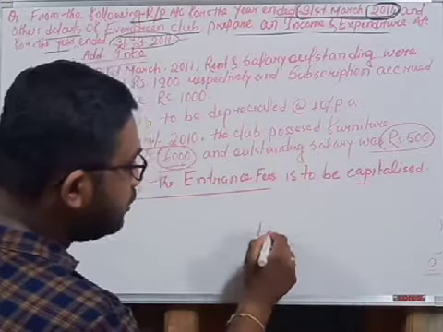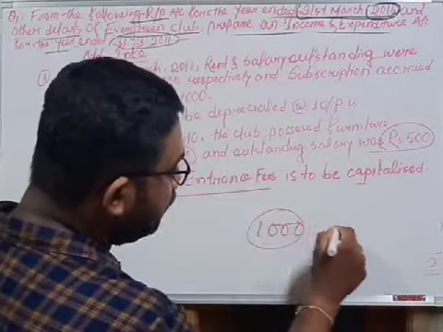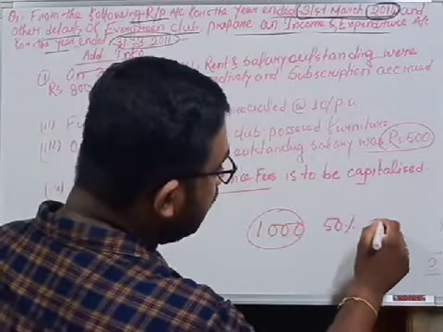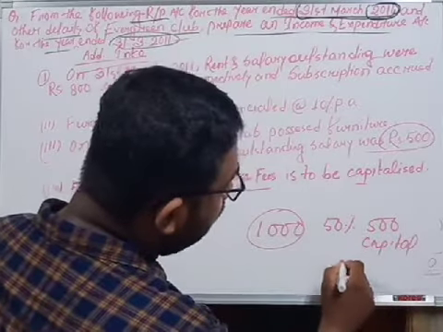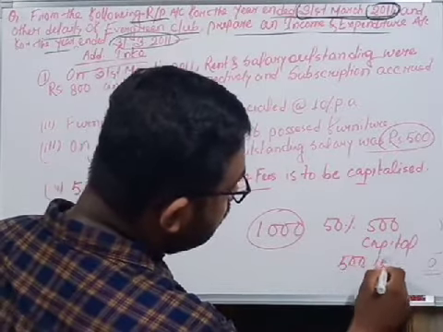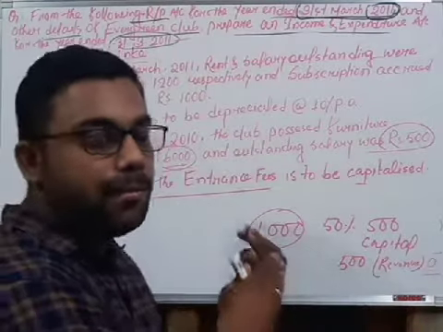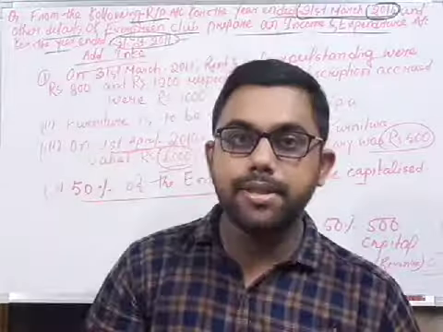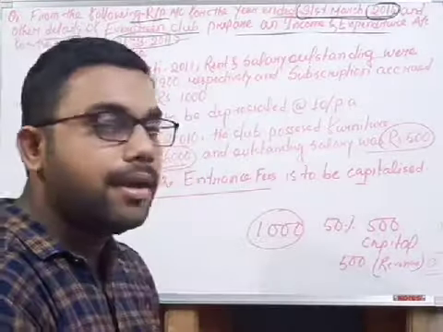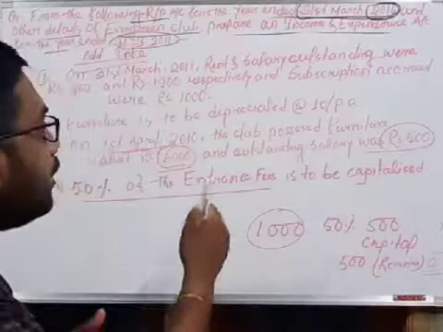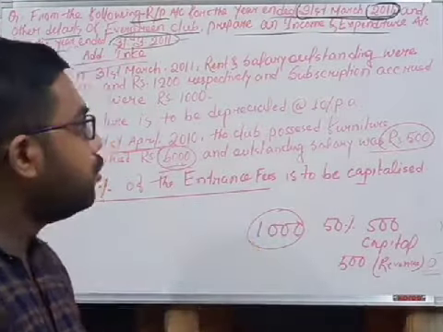That means if we receive entrance fees rupees 1,000, then out of 1,000, 50%, that is 500, is capital receipt, and the remaining 500 is revenue receipt. So it is the adjustment: whatever amount is received, 50% is capital receipt and 50% is revenue receipt. We have to adjust it when we solve the income and expenditure account. So these are the 4 additional information given regarding the question. You should note it in your copy.